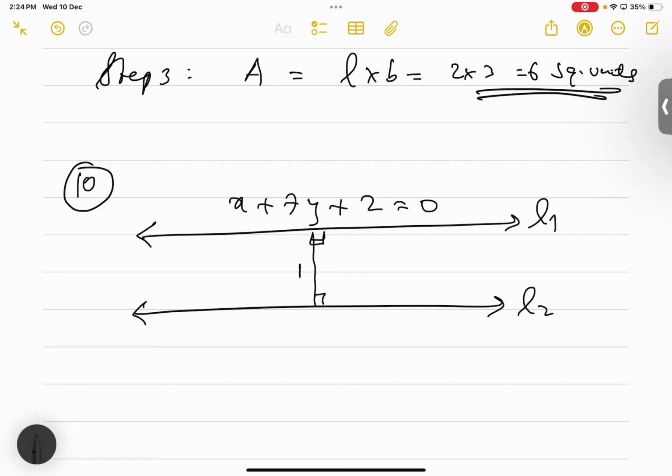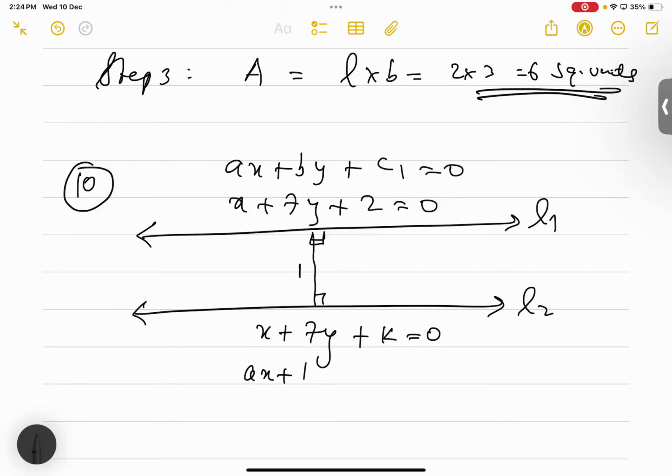Now look at the equation of L2. This is a very important point. x plus 7y will remain the same. Can someone tell me why? They are parallel lines. Plus k is equal to 0. So this is ax plus by plus c1 is equal to 0, ax plus by plus c2 is equal to 0.